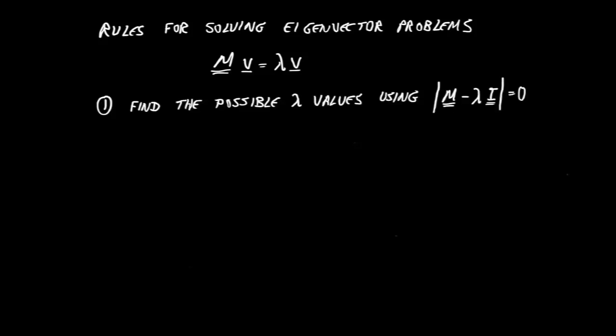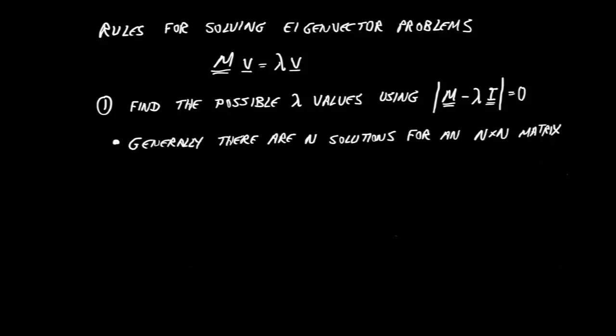We find the possible eigenvalues using this equation involving a determinant of a difference of 2 matrices. In general, there are going to be n solutions for an n by n matrix. So 2 solutions for a 2 by 2, 3 solutions for a 3 by 3 matrix.